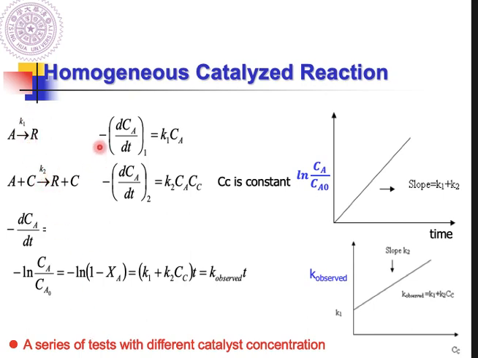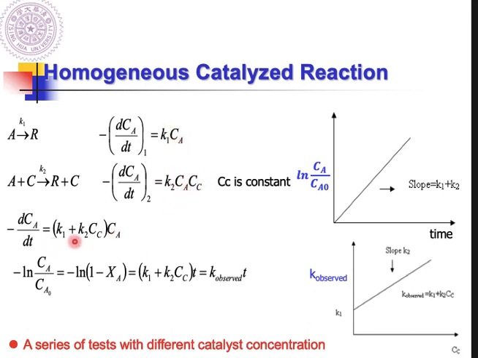So here, the consumption rate of reactant A in reaction 1 can be written as K1 CA. Please help me make an assumption here: we assume it's a first order reaction. And in reaction 2, the consumption rate of reactant A can be written as K2 CA CC, and based on this, we assume it's a second order reaction. Okay, so for the total consumption rate of reactant A, you sum reaction 1 and reaction 2 together and take CA outside.